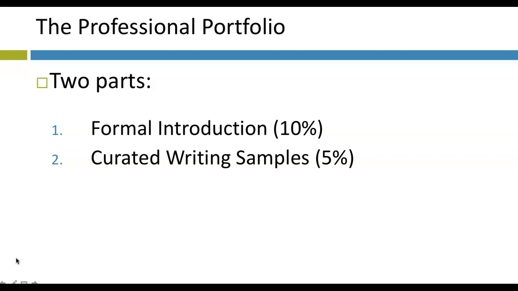In the second part of the portfolio, you're going to present 3 to 5 short samples of your writing from this term. Each sample should include a brief explanatory introduction. As always, don't take what we're saying here as the last word on the portfolio assignment. Instead, make sure you read the detailed instructions for yourself.